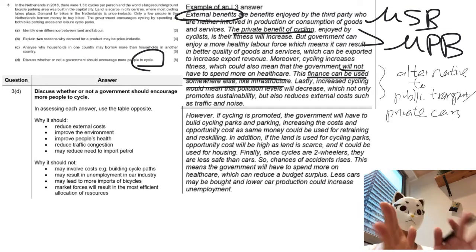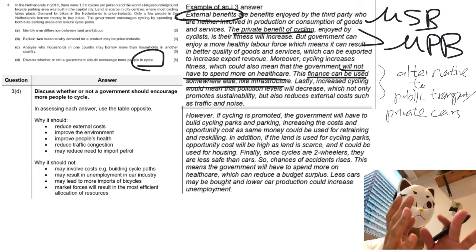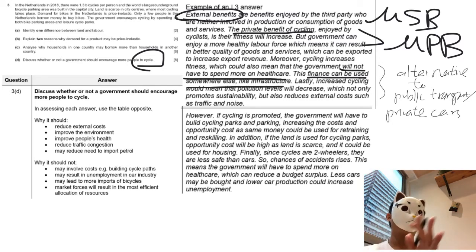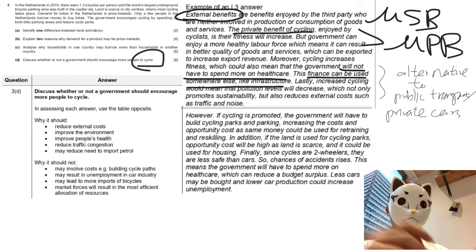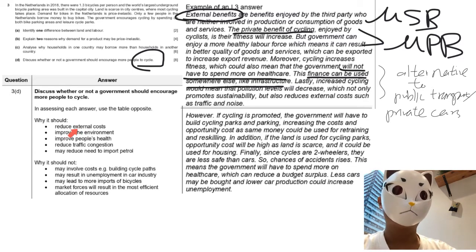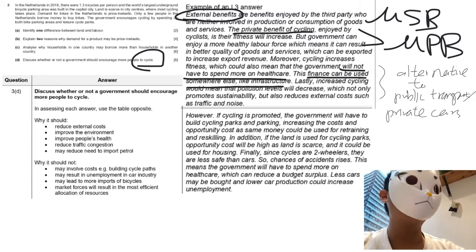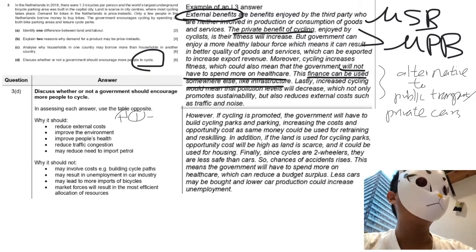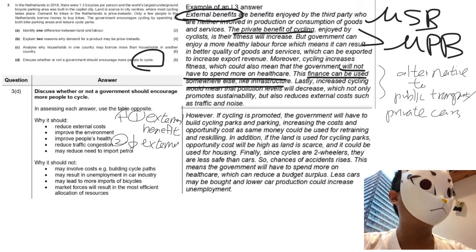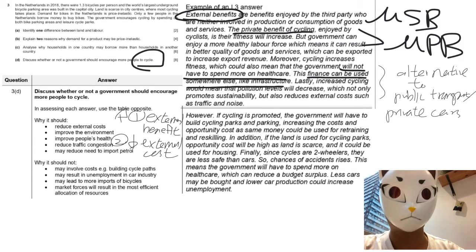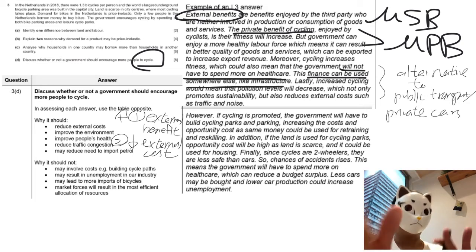So you can see it's a kind of merit good, cycling. In the marking guideline, it all talks about the external benefit: the rise in external benefits, like health, and number 2, the reduction in external costs, like the decline in pollution. So these are it.